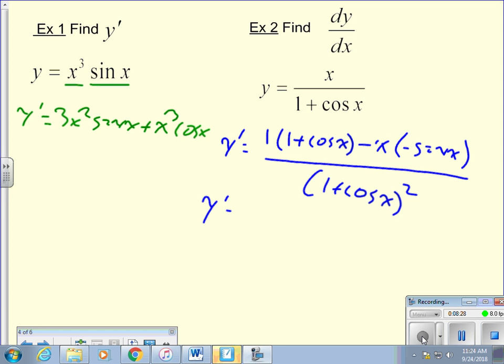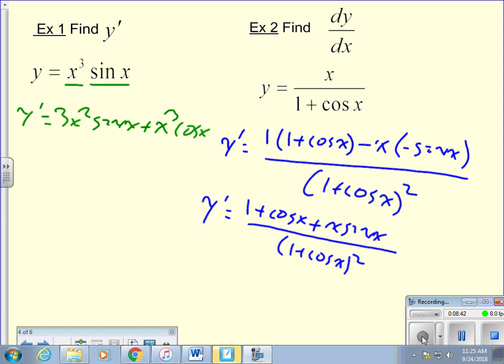So there's not a whole lot I can do. 1 plus cosine x plus x sine x all over 1 plus cosine x squared. There's not a whole lot you can do to that. You can't really simplify that. There's nothing neat, no neat identities or anything you can toss in there.